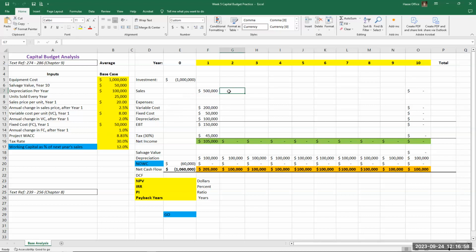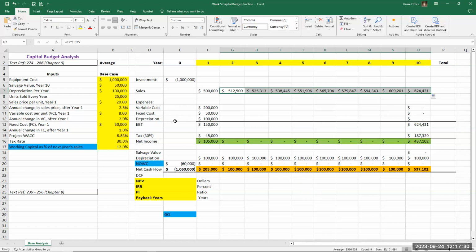So I'm going to take 500,000 and multiply it times 1.025. That's adding 2.5% to that number, and I get 512,000. And now I'm just going to grab the corner of the cell and slide it all the way to year 10. And there's my total revenue generated off this investment of $1 million, inflating at 2.5% a year.